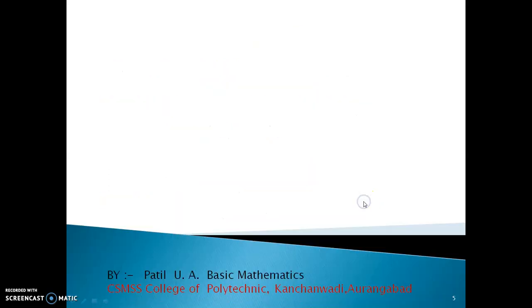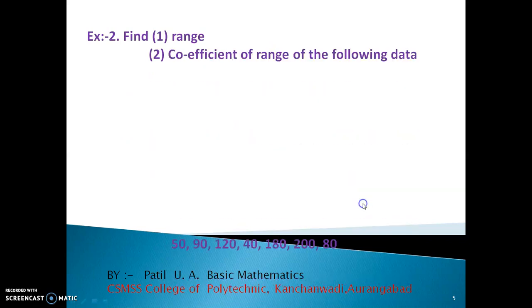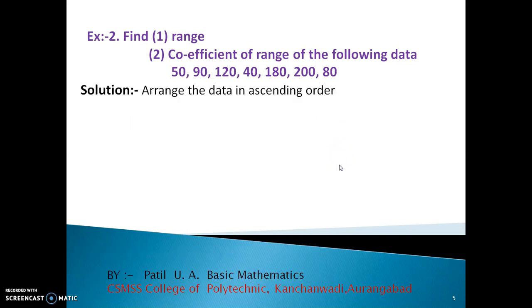Now the next example: find the range and coefficient of range of the following data. Data are 50, 90, 120, 40, 180, 200 and 80. Now see the solution. Arrange the data in ascending order: 40, 50, 80, 90, 120, 180, 200.